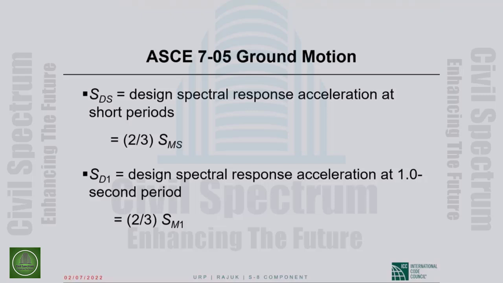So the idea is, if we consistently everywhere design for 2/3 of the soil modified MCE ground motion, then the 1.5 factor will, or let me go one step back.